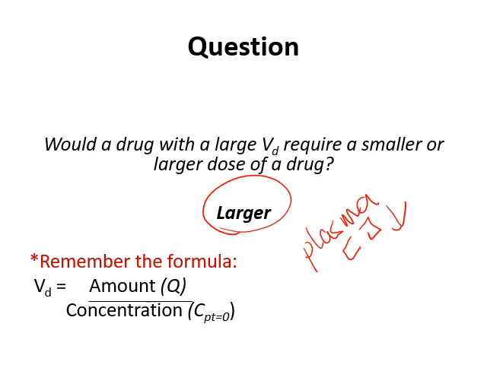Now, these are the types of questions you're going to have on your test. I'm not going to have you just repeat to me what volume of distribution means. And I'm not going to give you a question this simple on your test as to whether or not you would need a larger or smaller dose of a drug. I'm going to give you a scenario, and you're going to have to figure out from that scenario, given all the information that you have, if this drug is one that has a large or small volume of distribution.